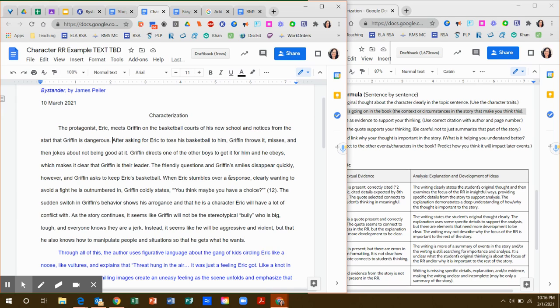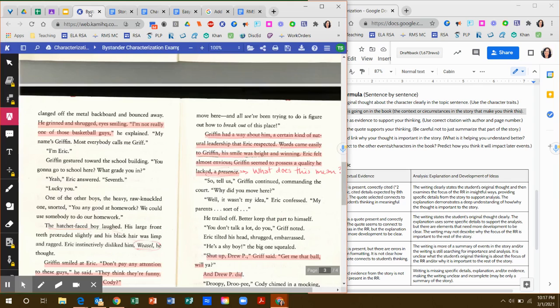So then Eric stumbles over his response and he wants to avoid a fight that he's outnumbered in. And that's when, this is the most important part, I think, that really proves that he is a character that is going to be dangerous, that Eric's going to have to really be careful with him. And so I quoted exactly what Griffin stated out loud. So notice the punctuation is a little bit different here, because when I quoted this part, it wasn't just a description, right?